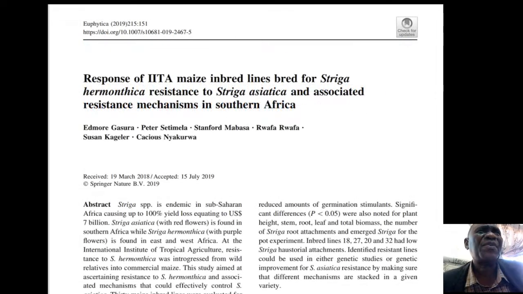So probably before I proceed, we can say we now have some hybrids in maize with some useful resistance. And these hybrids were produced by our department.